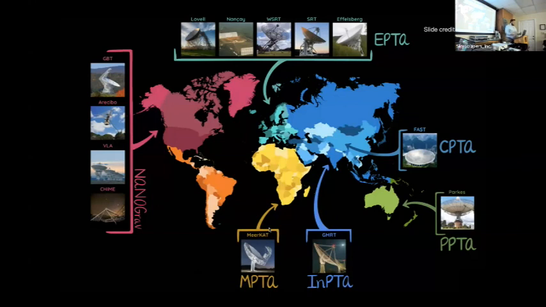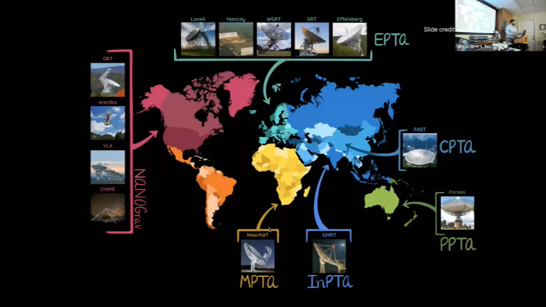And most of these pulsar timing arrays actually collaborate together in what's called the International Pulsar Timing Array. So all the pulsar timing arrays take their own pulsar data and look at it individually, but we also know that we can actually do better by combining all of our data. Part of that is just because, well, in North America, we only really get the northern part of the sky.